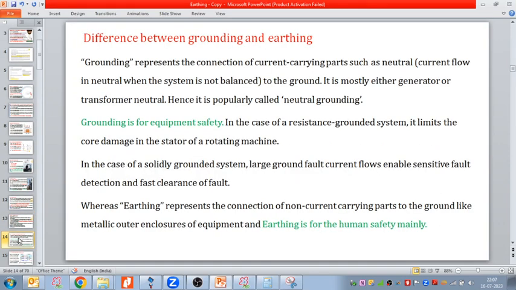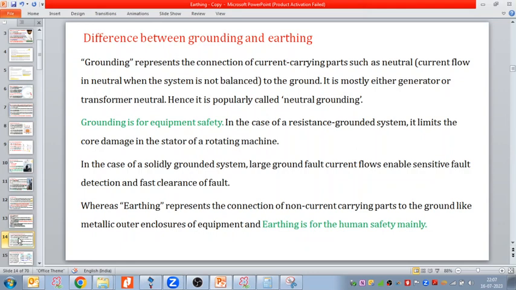Now let us discuss the difference between grounding and earthing. Two words we most of the time use. First of all, there is no difference between grounding and earthing. Both are identical, right?